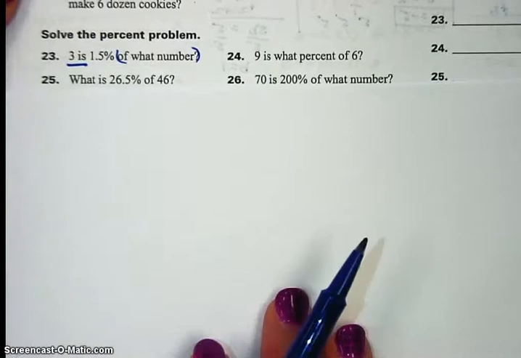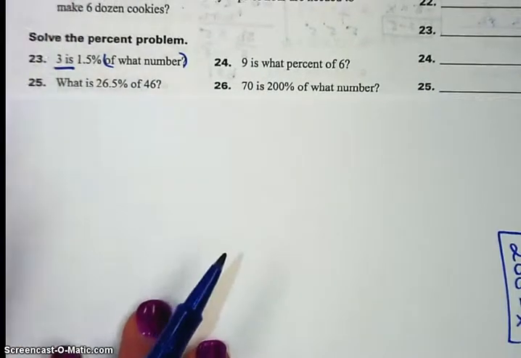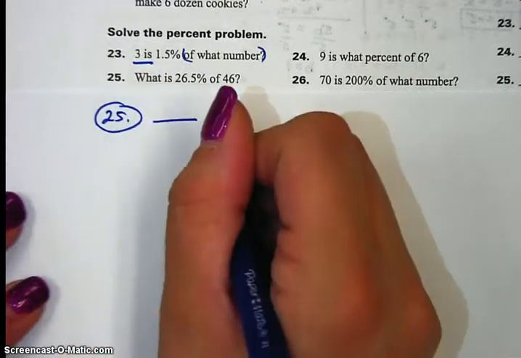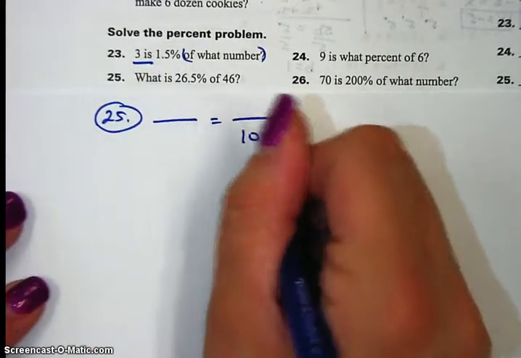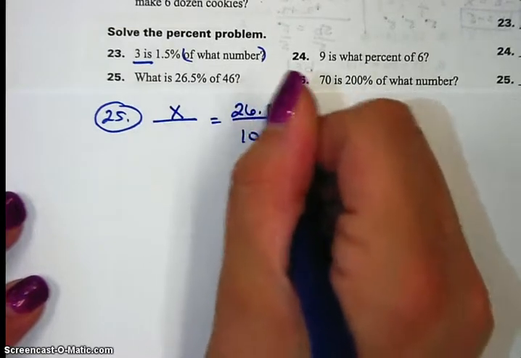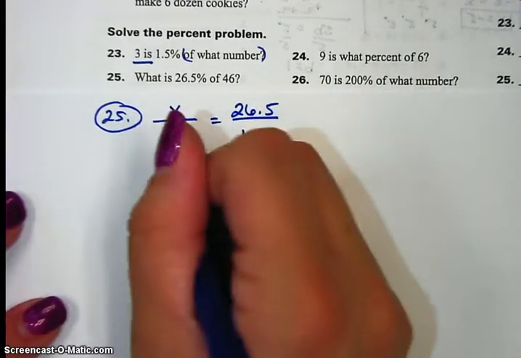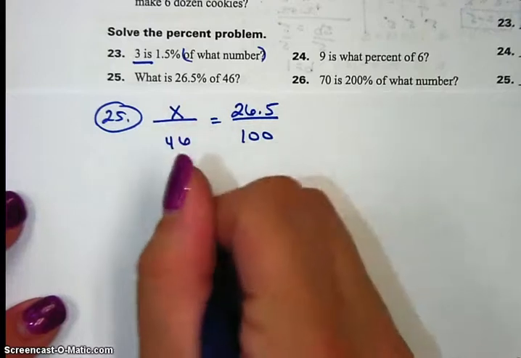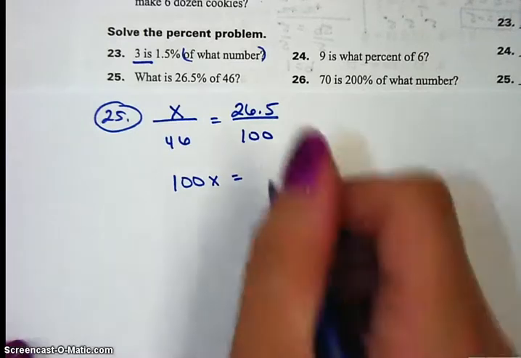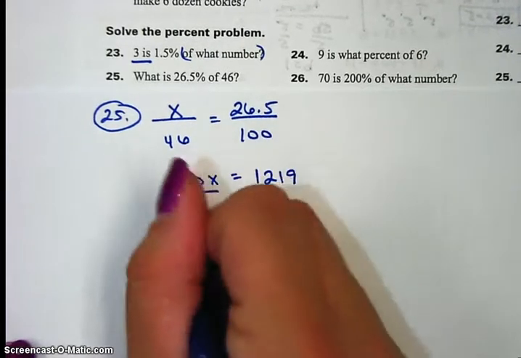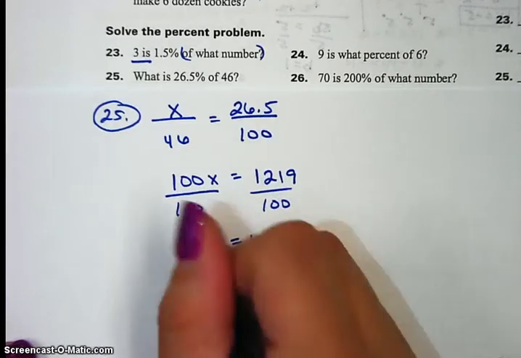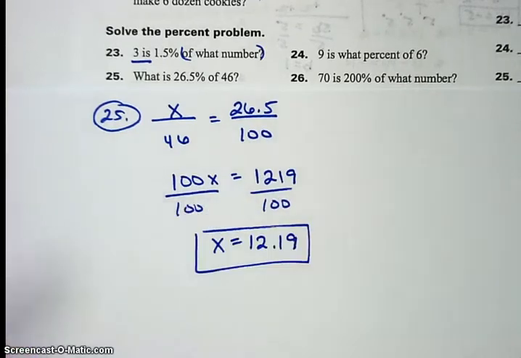All right, now we're going to look at number 25. What is, okay, is goes on top, so x, 26.5%, so 26.5 goes over 100, of 46. Cross multiply. 100x, 46 times 26.5 is 1219, divide by 100. So x is 12.19. It's not a percent, so I'm done.